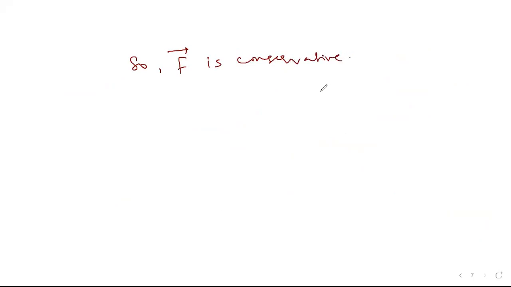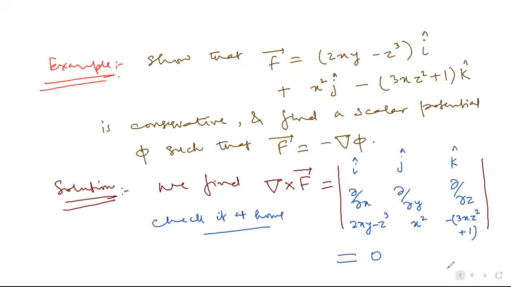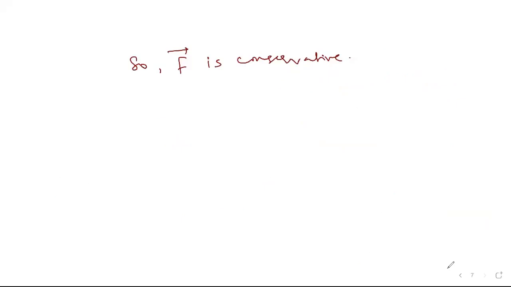So if F is conservative, there exists a scalar W and scalar phi. So we are asked to find phi. We will find W, the work done by this force. So work done by the force is the line integral from some position A to B, F dot dr, right?